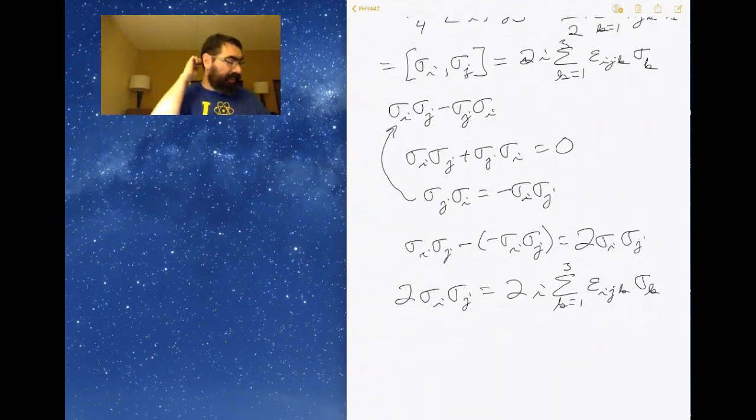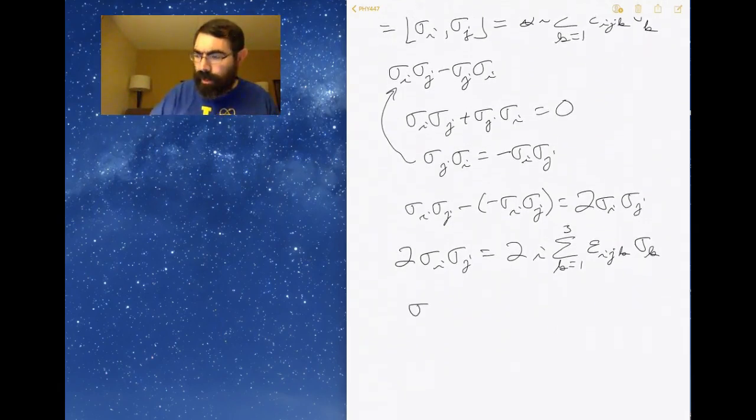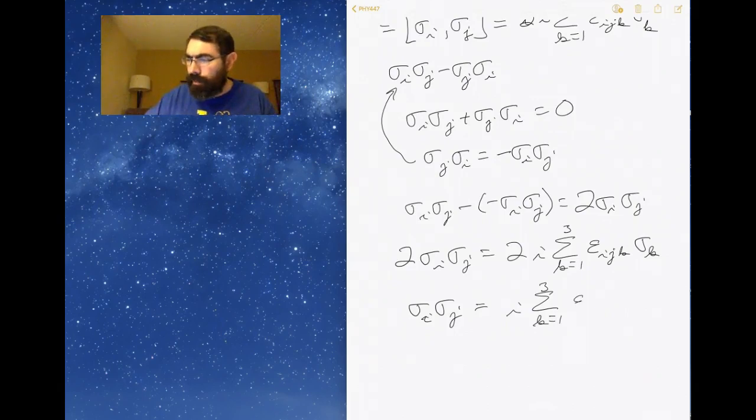Now I can cancel out the 2, and I have this relationship: not just the commutation relation, but the product of any two Pauli spin matrices is equal to i times the sum of components x, y, and z, with the Levi-Civita, times sigma k.